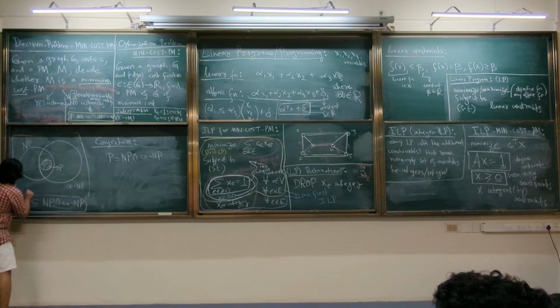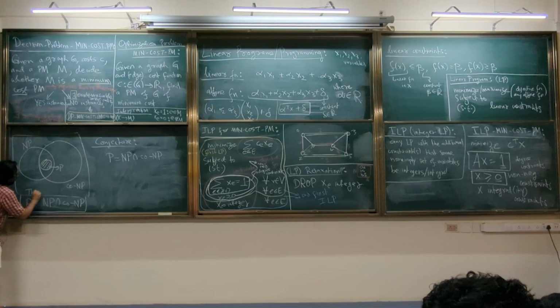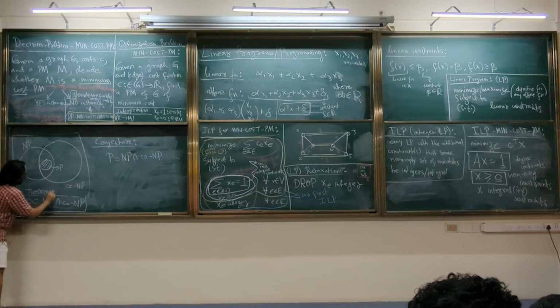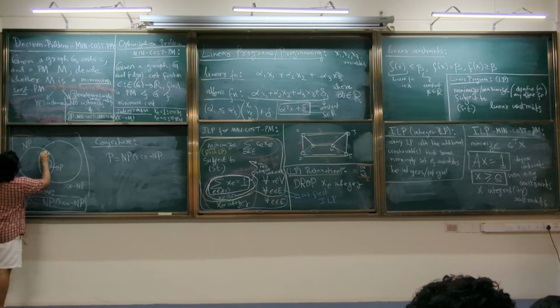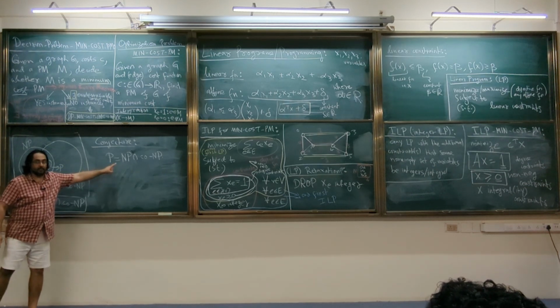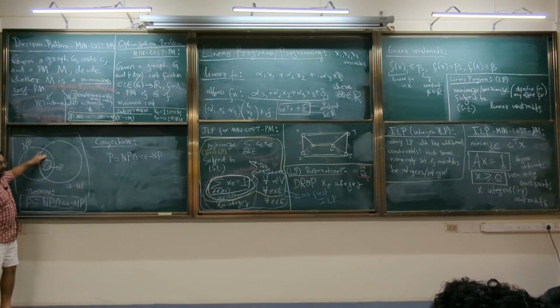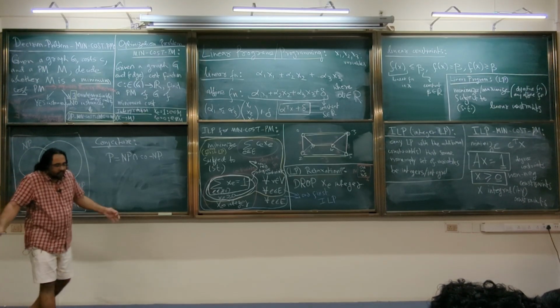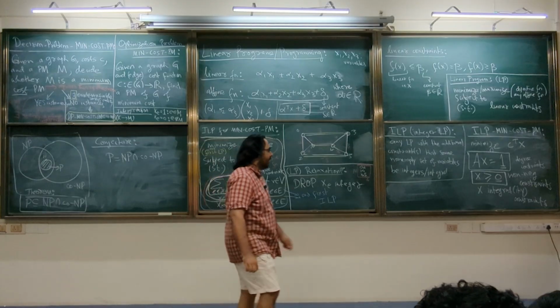In other words, the conjecture is saying that this set, the intersection minus P, should be the empty set. But we don't know this to be true. Many people believe this to be true.